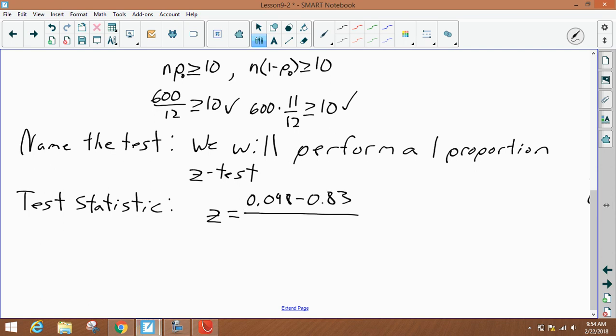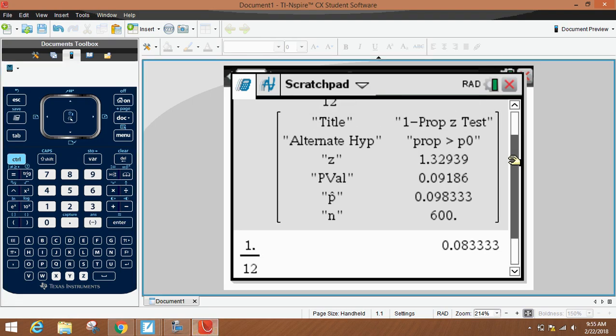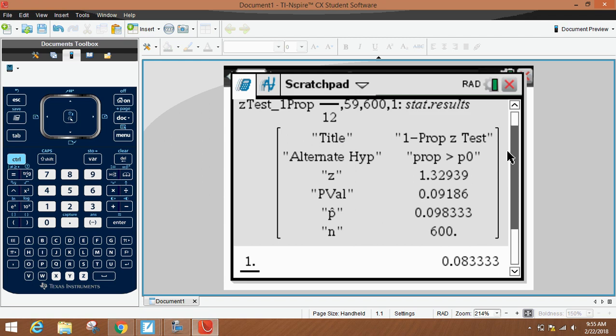All divided by the square root of 0.083 times 1 minus 0.083, all divided by 600. Let's see. Our z value is right here, it's this one, right? 1.3292.